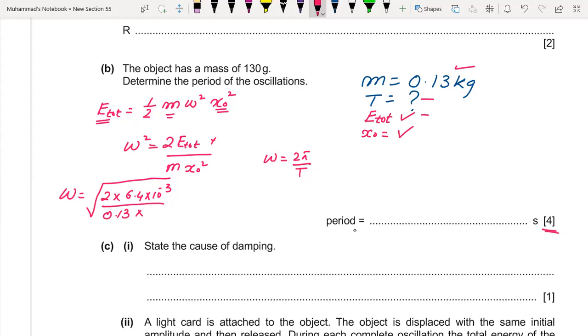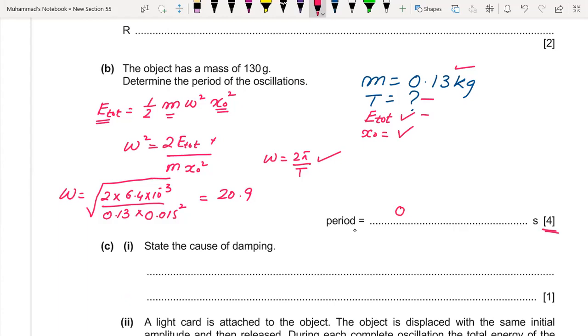And x naught is 1.5 centimeter, which, if you convert this centimeter into meter, you will get 0.015 square.